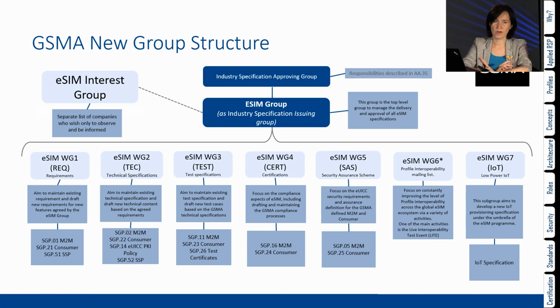These are regulatory or political definitions of how the process should be. It's not always the case that everyone agrees with the definitions and requirements, and sometimes there is a vote, and therefore we have these regulations inside the AA.35 document.